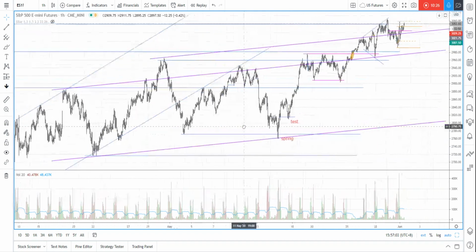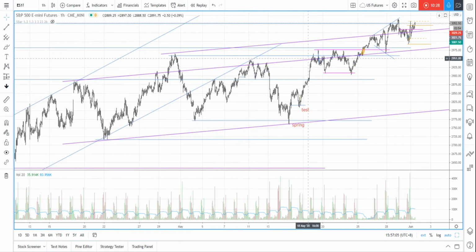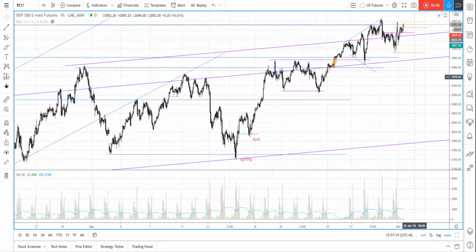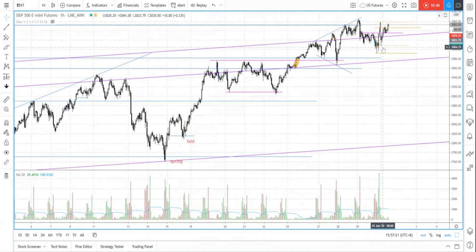It's a little bit different from my previous up channel. And you can see that if I use this up channel here, price is camping or staying within this resistance turned support level, and looks ready to mark up if it can just move up and break above the swing high here.